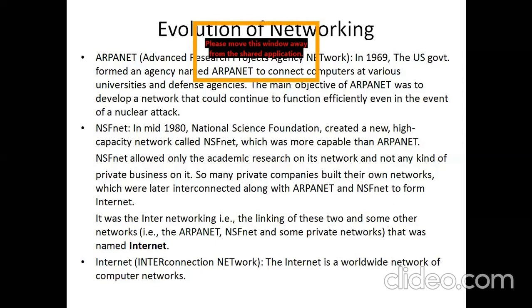So now there are many different networks in the market. Connecting all the networks together gives you the internet. We can define the internet as the interlinking of different networks.